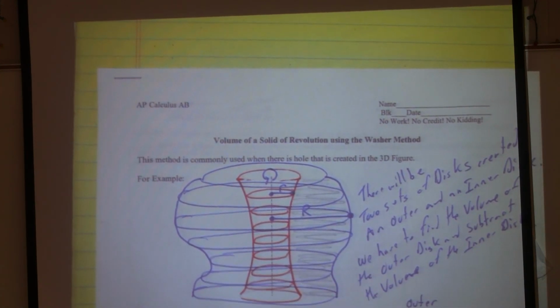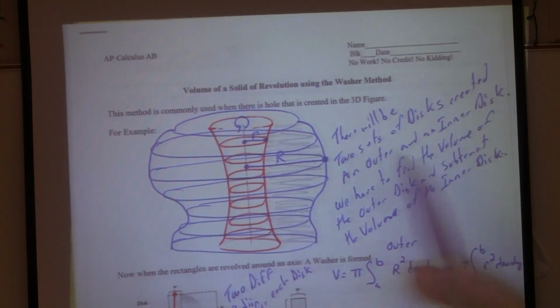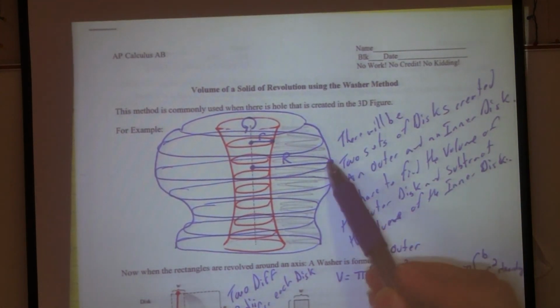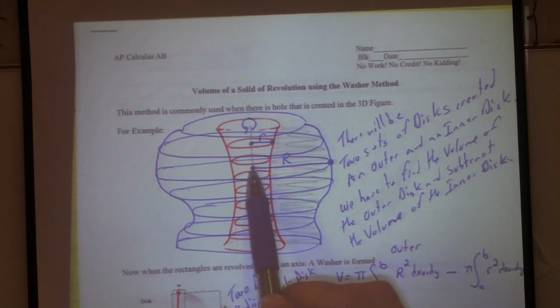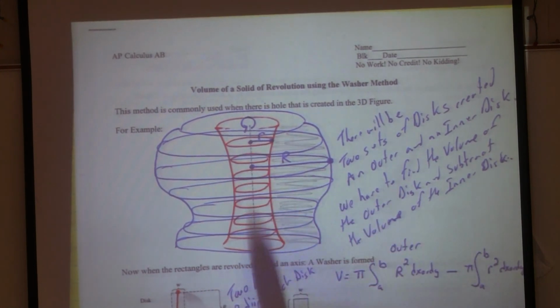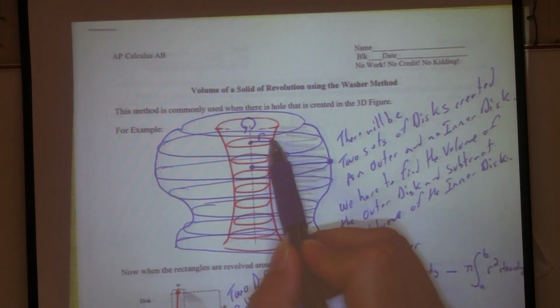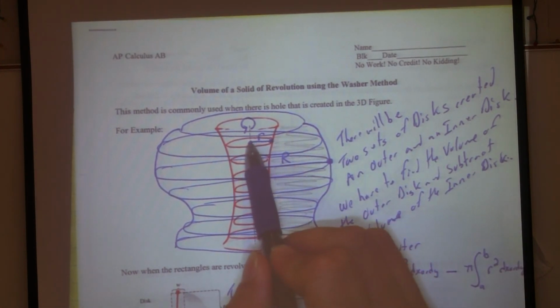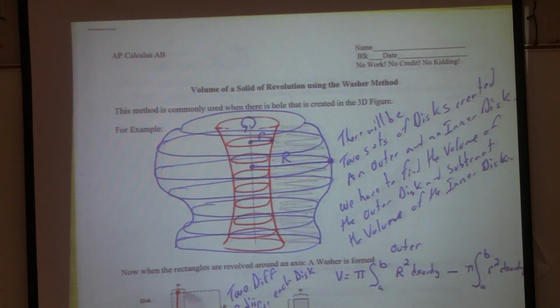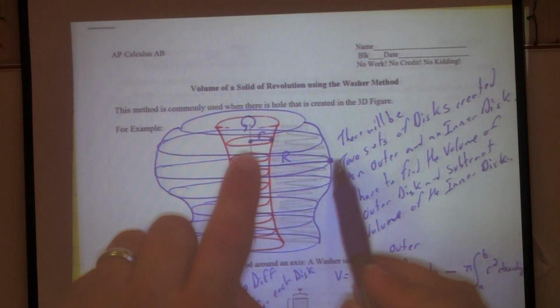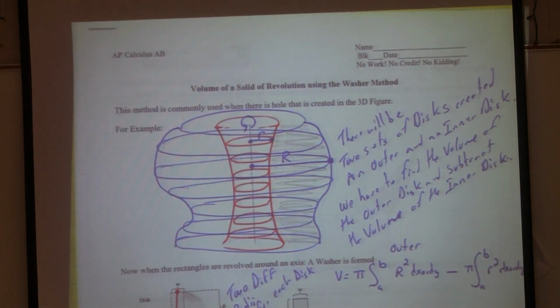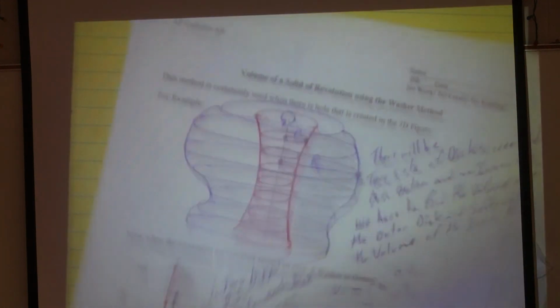And then you find it. Here we would do right minus left, so it would be whatever this equation is minus this axis. If this was the y-axis, it would be 0, so it would be whatever this equation is minus 0. So you're subtracting the two things where my dots are. Understand? Okay, let's do some examples.